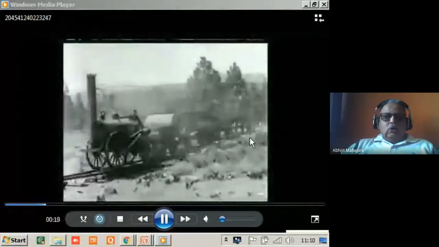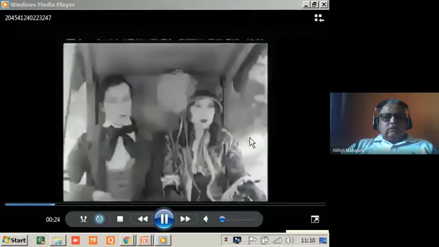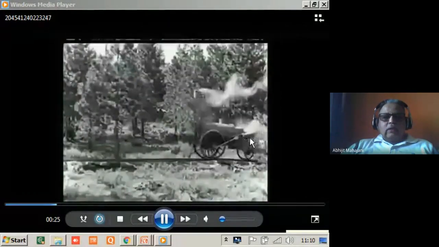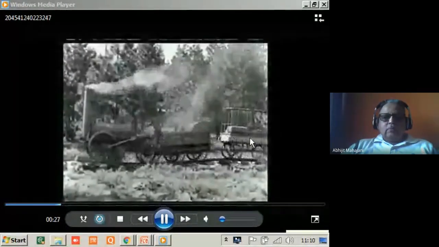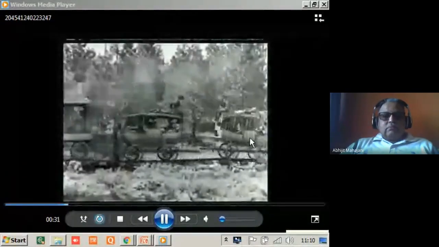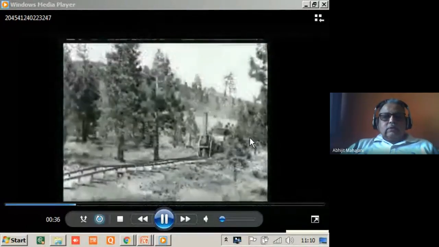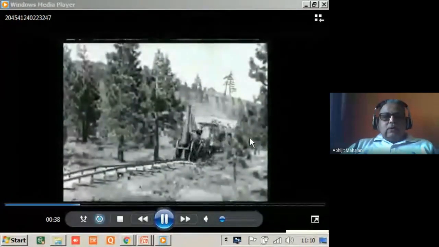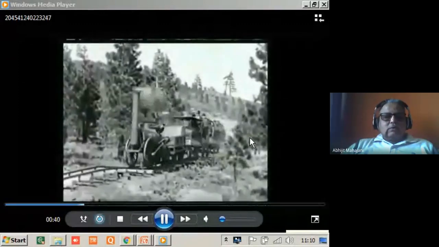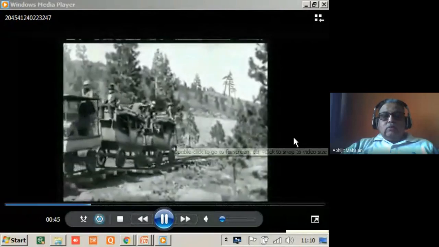See, the train looks more like horse-driven coaches connected together. Look at the speed; it's so slow that even a doggy is following along. Look at the tracks; they're all up and down, and still it's working fine. So it's kind of what we call jugaad nowadays. In those days, that was the level of sophistication that could be achieved.